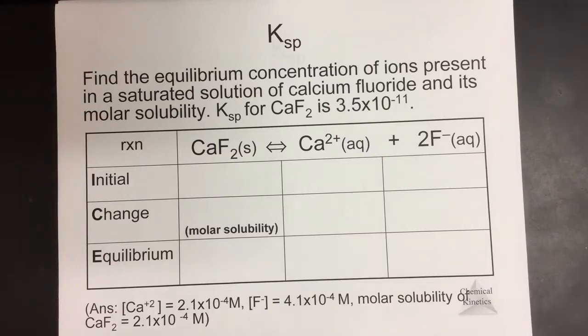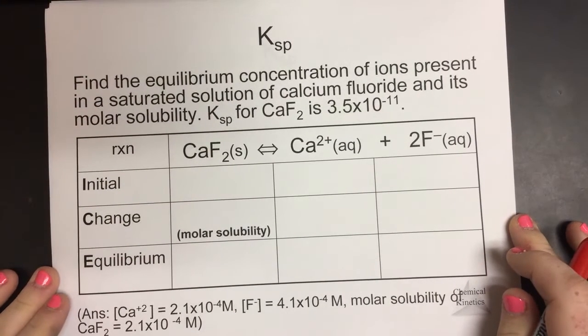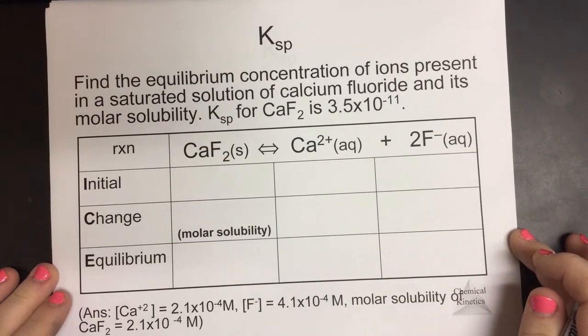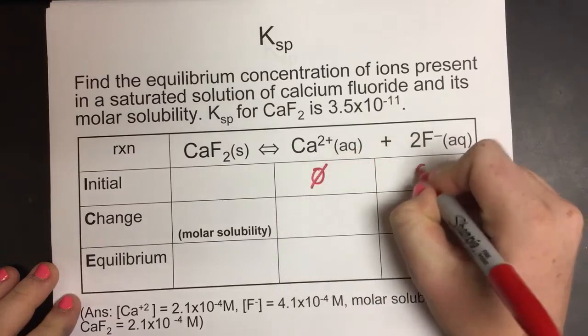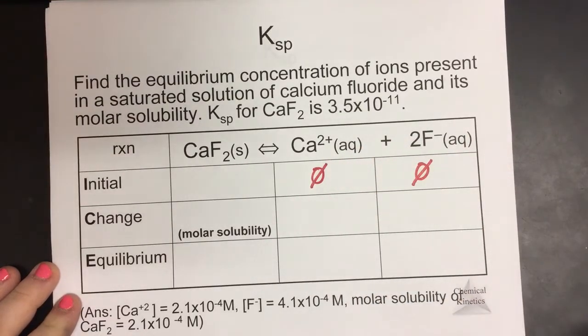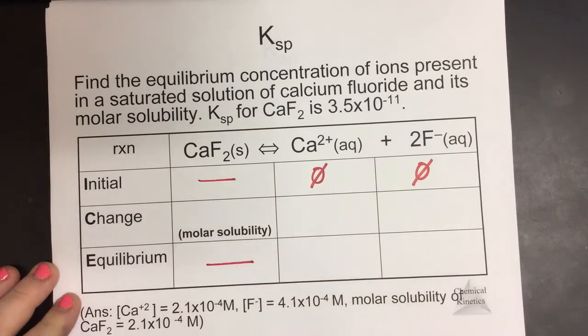So now to start the problem, in the initial box, we don't have any Ca2 plus or F minus ions. So we're going to start by putting zeros there. Also, because CaF2 is a solid, that will not be included in our KSP expression, so we can just cross those boxes out.